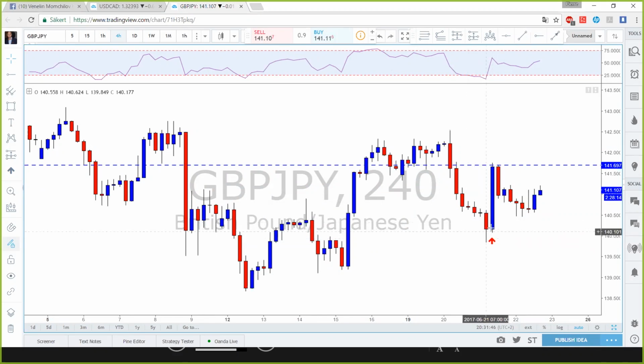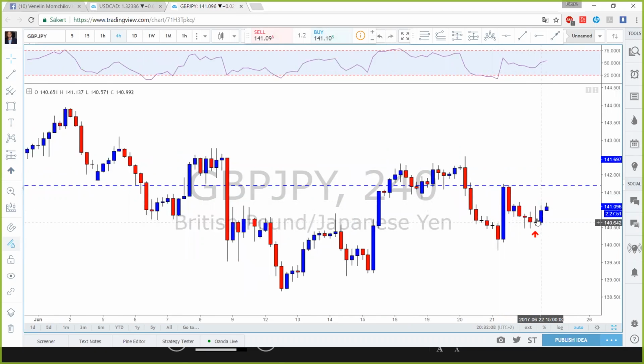No one can deny that, even though we got this correction now to the downside, we do actually have a higher low now, because we have one candle, two candles higher than this one, and another two candles. So this gives you a fractal, which means this is a confirmed higher low now.